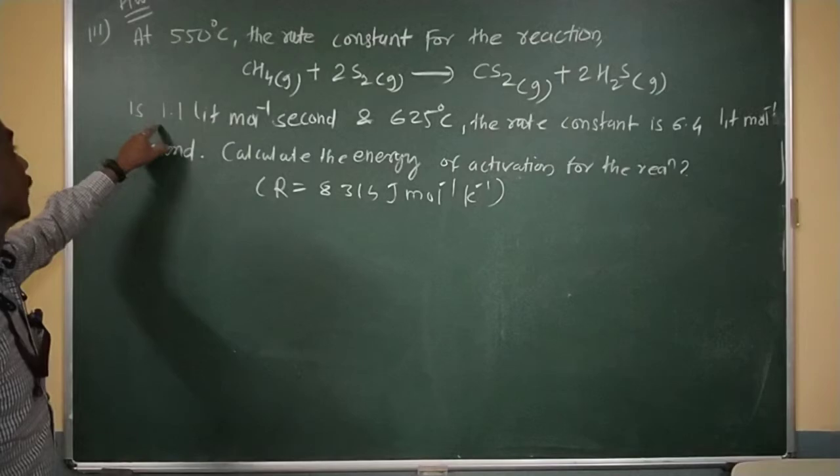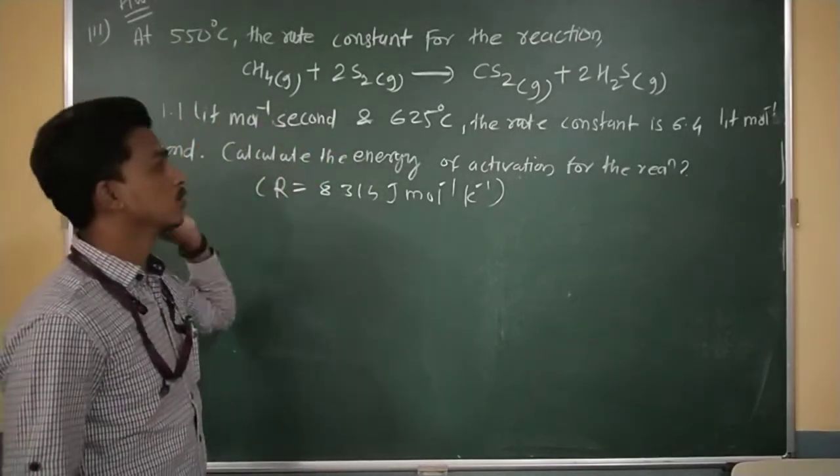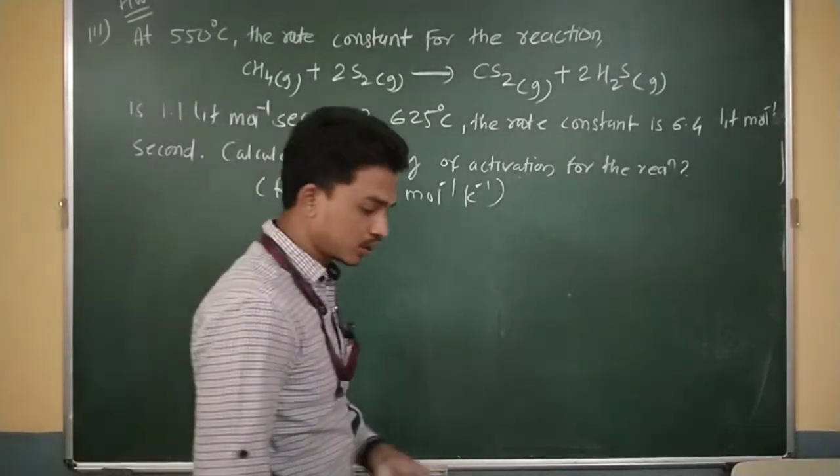So the values of K1 and K2 are given, the T1 and T2 values are given, and in this formula we have to calculate the energy of activation.